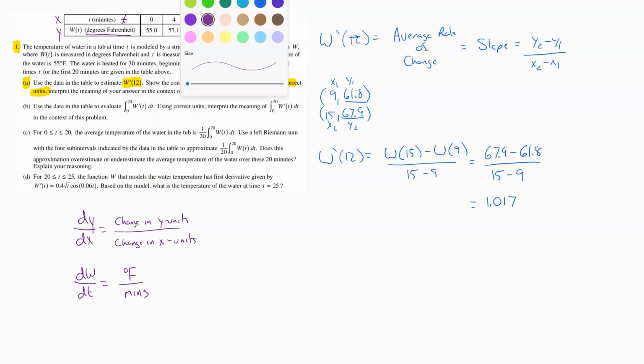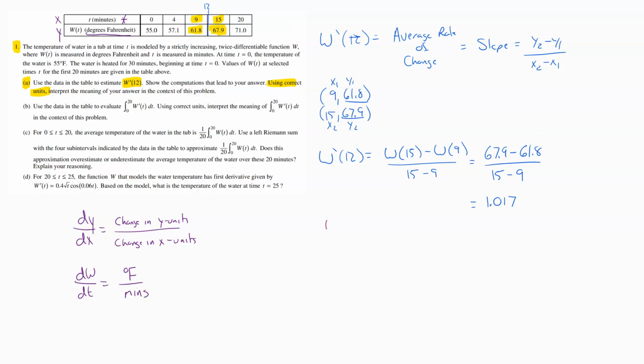As we bring that back over and start breaking down how to say this sentence, W prime of 12 is approximately, I guess it would want some squiggly lines there, 1.017 degrees Fahrenheit per minute. You would want to use language like this. It's basically the same sentence, you just fill it in as you go through.